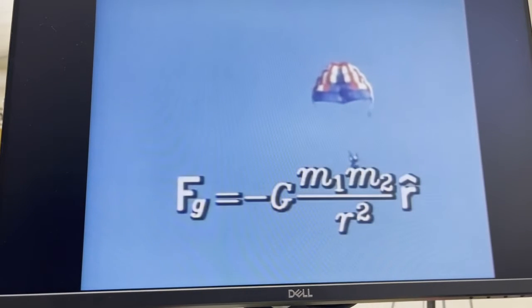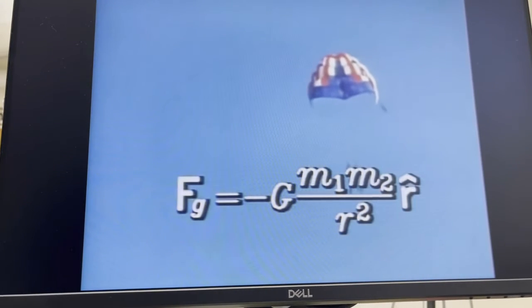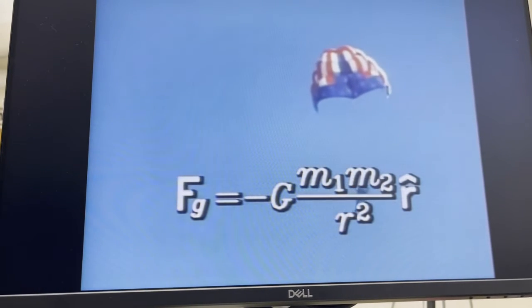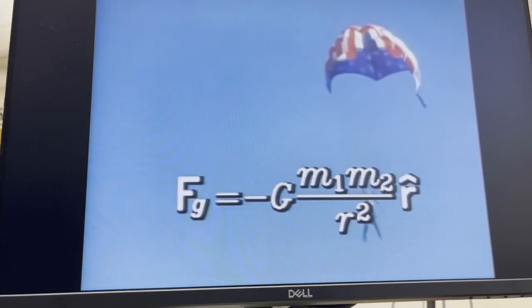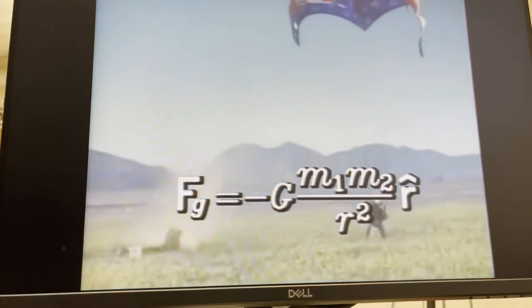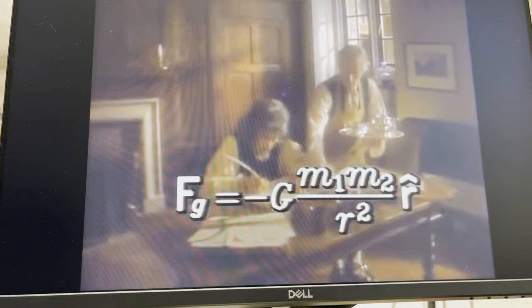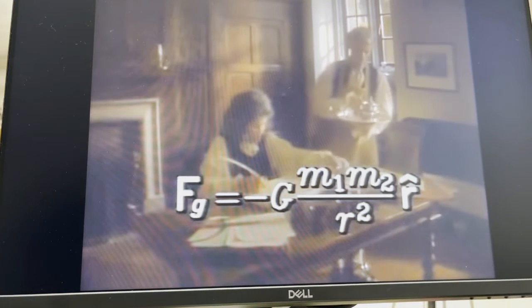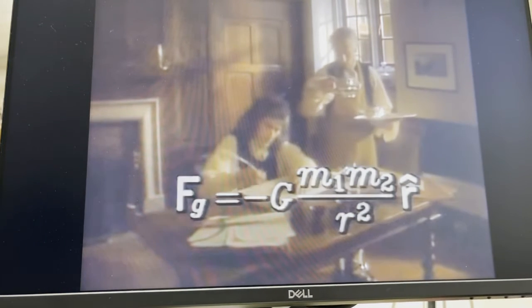And one of those laws, the law of universal gravitation, states that any two masses attract each other with a force inversely proportional to the square of the distance between them. But this was a difficult law to apply, even for Isaac Newton himself.